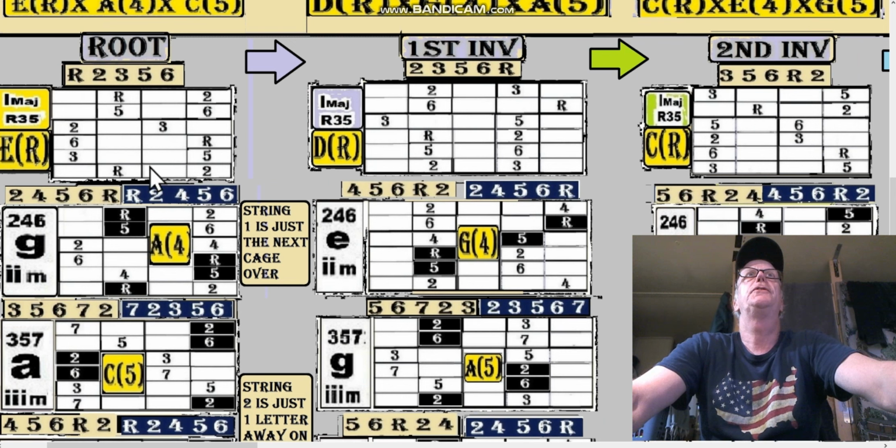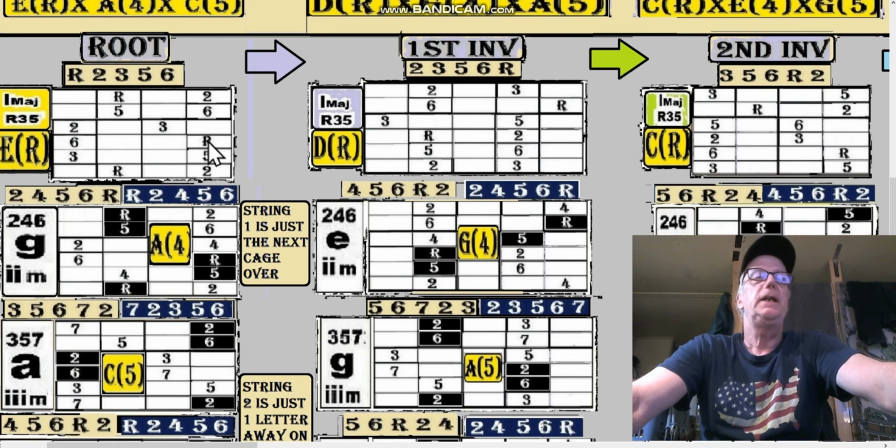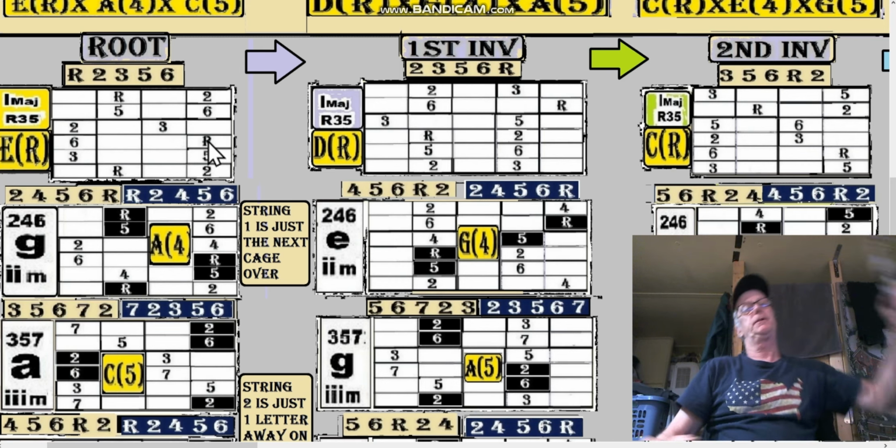Now notice the 2 is the outer note of the root box, which is the E-shaped chord. This is the E-shaped chord. Here's your E, the root. Remember, the E chord has 3 roots.